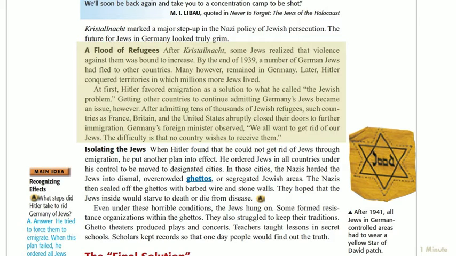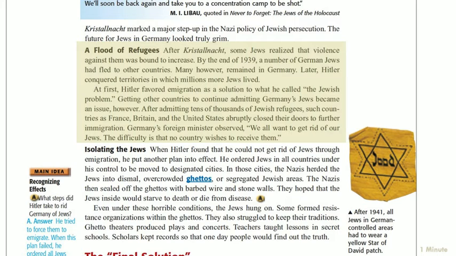Getting other countries to continue admitting Germany's Jews became an issue, however. After admitting tens of thousands of Jewish refugees, such countries as France, Britain, and the United States abruptly closed their doors to further immigration. Germany's foreign minister observed, "We all want to get rid of our Jews. The difficulty is that no country wishes to receive them."